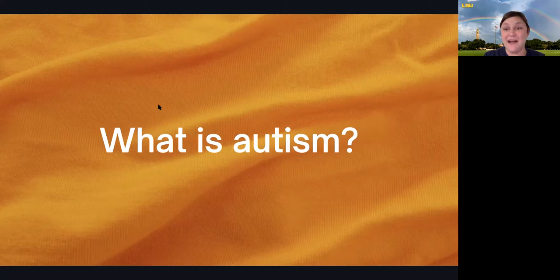In very early iterations of the DSM, there were disorders of slaves that would run away from their owners. That was drapetomania. I don't know if I'm saying it right, but it was actually considered a valid diagnosis. And now that seems horrific, and like we could never imagine that happening. But an even more recent example is homosexuality, that used to be considered a disorder.